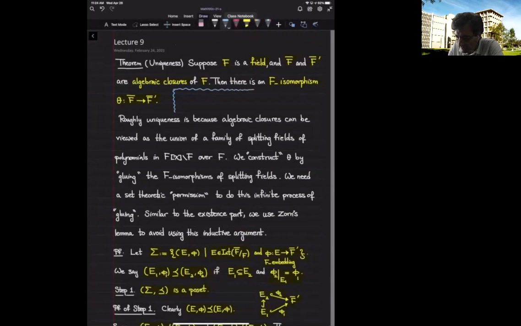Instead of just showing that there is an F isomorphism between these two, I can say that if I give you theta bar, an automorphism of F, then there exists theta from F bar to F bar prime that is an isomorphism, and when I restrict theta to F, I get theta bar.